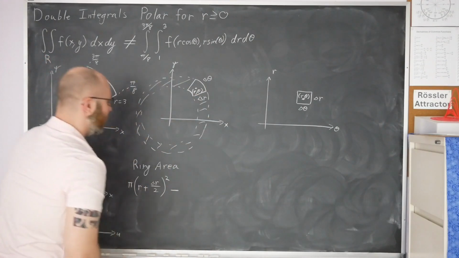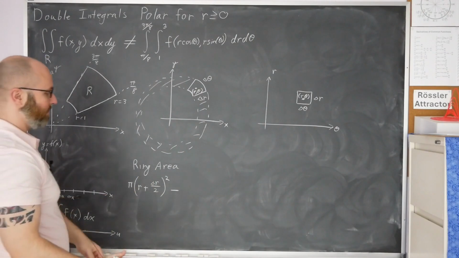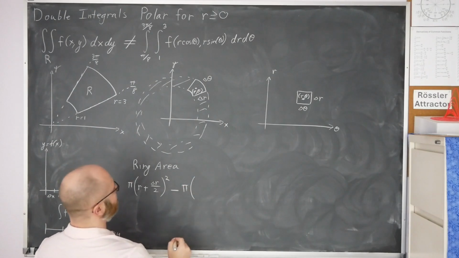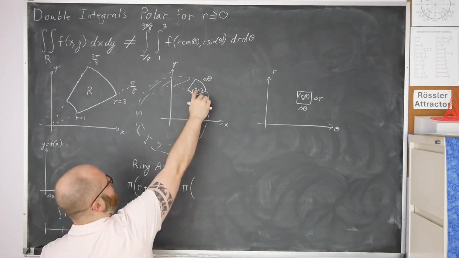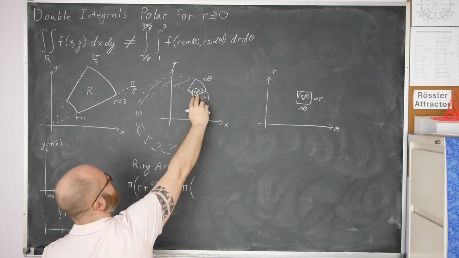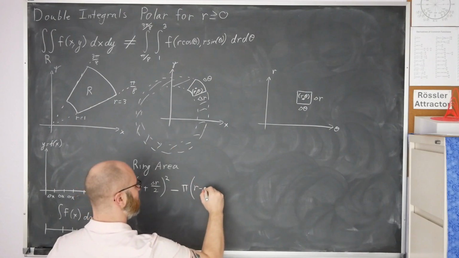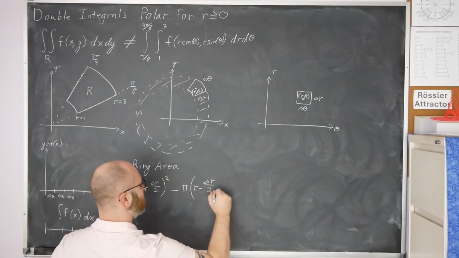I'm going to subtract from that the area of the inner circle, which is pi times the inner radius squared. Well, that's going to be r minus delta r over 2. We went back towards the origin a little bit. So r minus delta r over 2 squared.